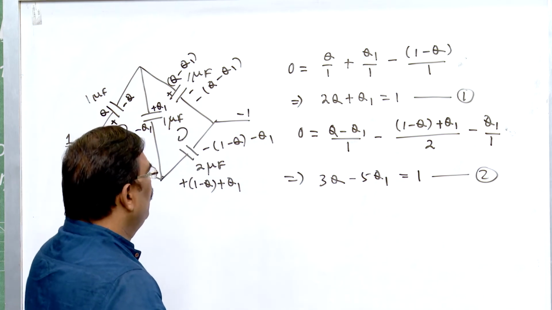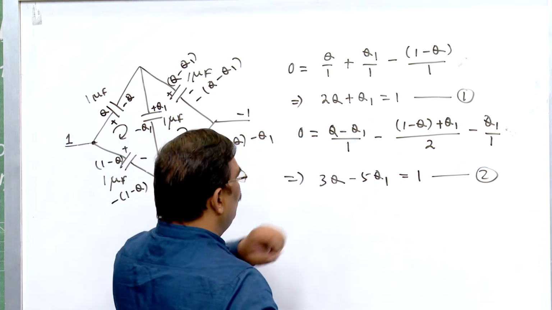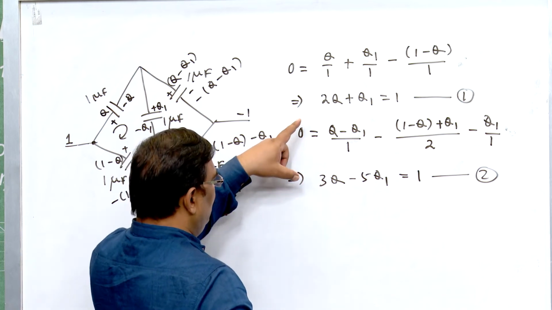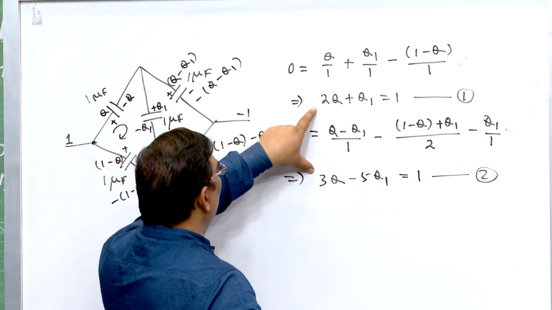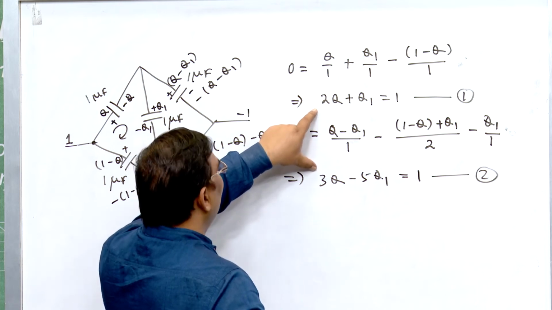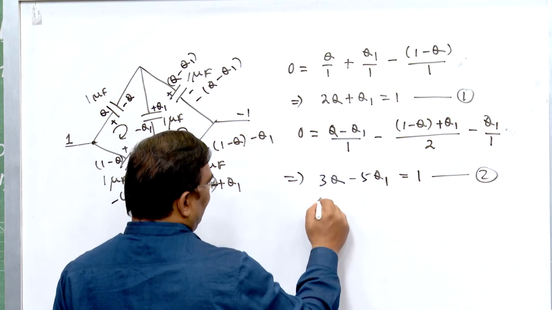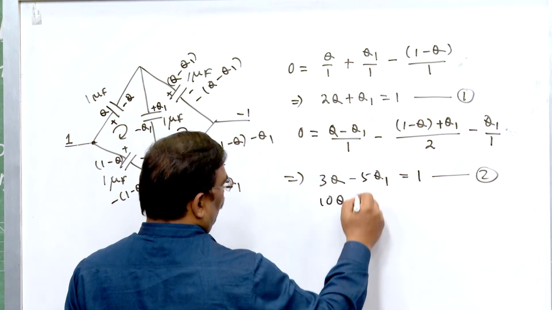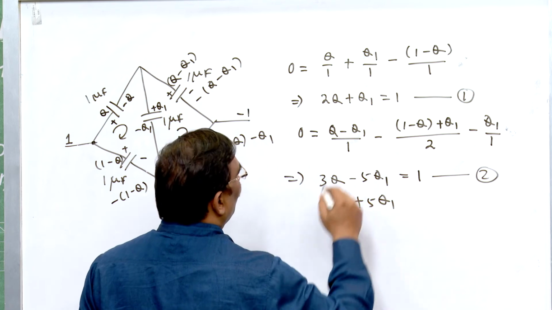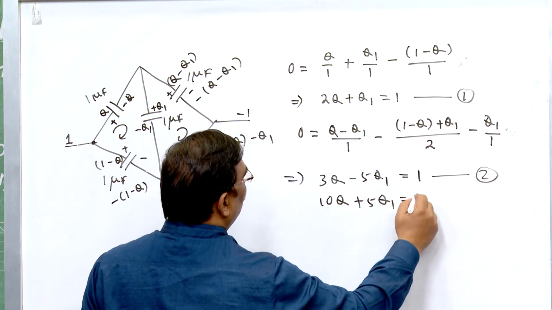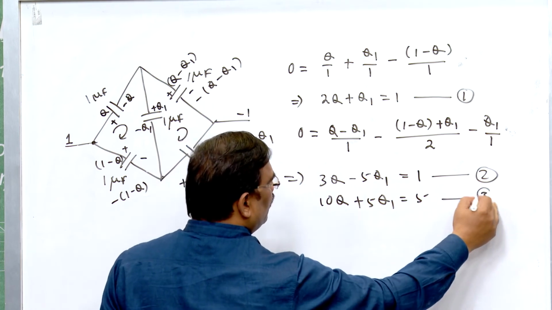Now, let us solve these two to find out the values of Q and Q1. If I multiply by 5 here, so 10Q plus 5Q1 equal to 5, equation number 3.